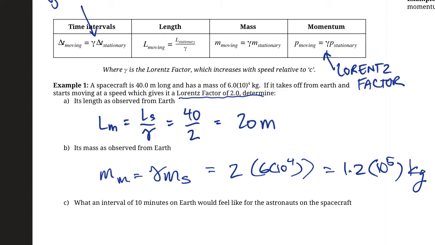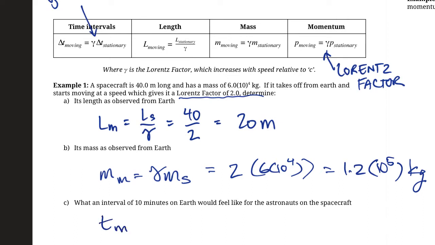And lastly, what would an interval of 10 minutes on Earth feel like for the astronauts on the spacecraft? If you were to take out stopwatches and look at a clock on that spacecraft, you're basically able to magically see into that spacecraft, and the same amount of time that's 10 minutes for you would be doubled.